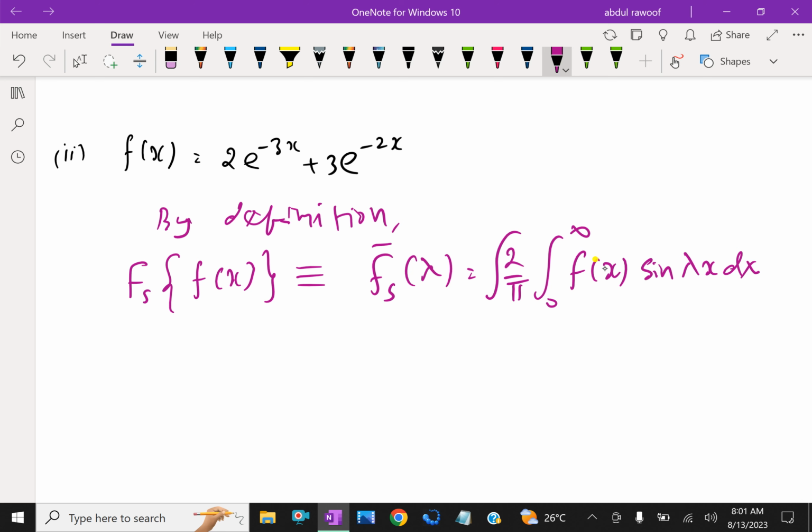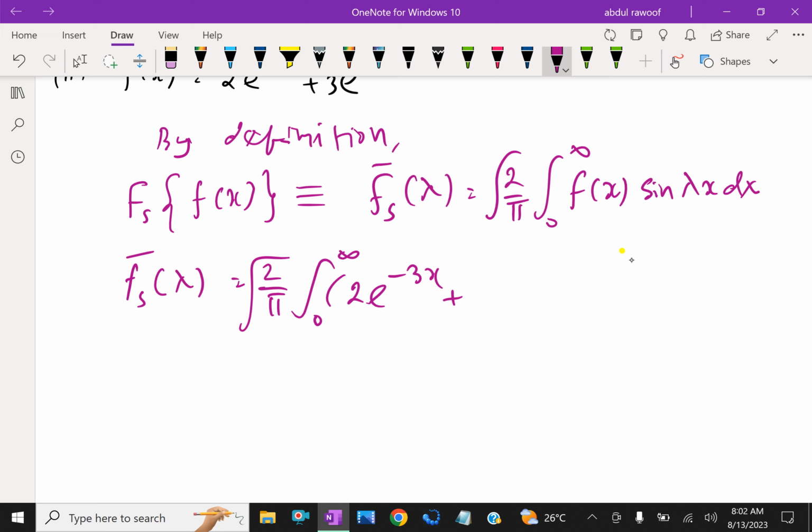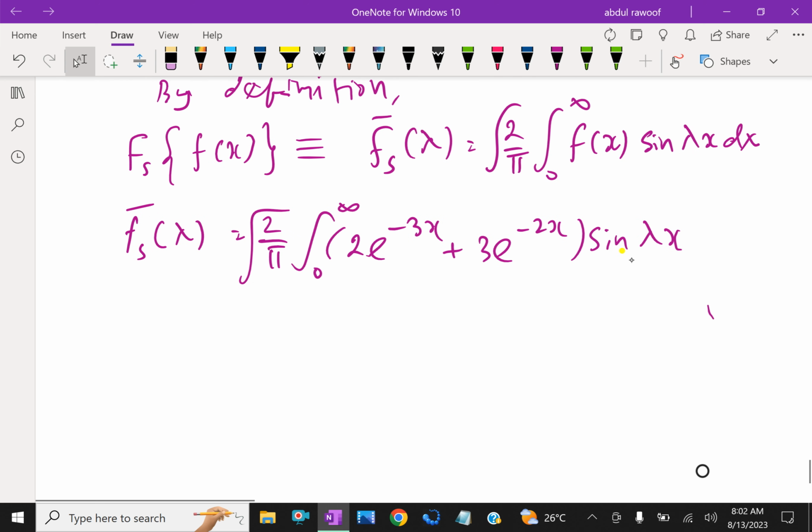Therefore, F_s of lambda equals square root of 2 over pi, integral 0 to infinity of the function f of x, given as 2 e power minus 3x plus 3 e power minus 2x, sine lambda x dx.